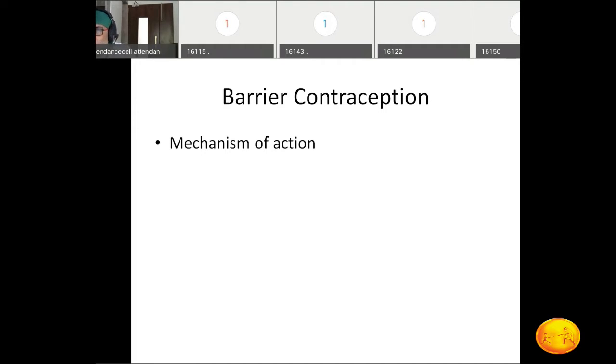What do you think? Those barriers, what are the types of barriers? Whether it's physical, chemical, or what? Whether it's mechanical or chemical or only mechanical. So the types are both. Those barriers can be mechanical as well as chemical, and then both combined.